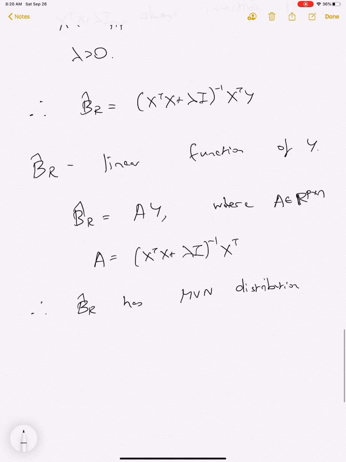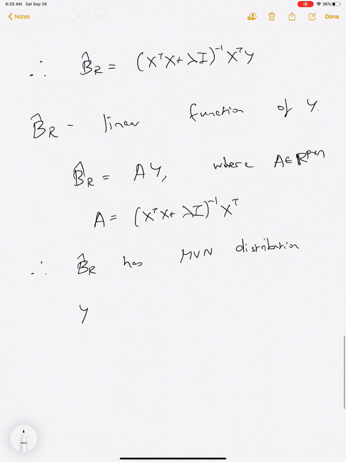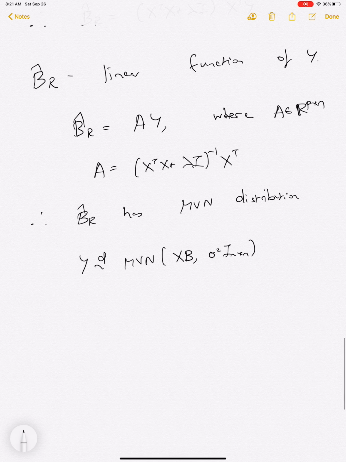So since we know that y is multivariate normal with mean Xβ and variance σ² I (n by n), it follows that this is just multivariate normal with AXβ and then σ² A A transpose.